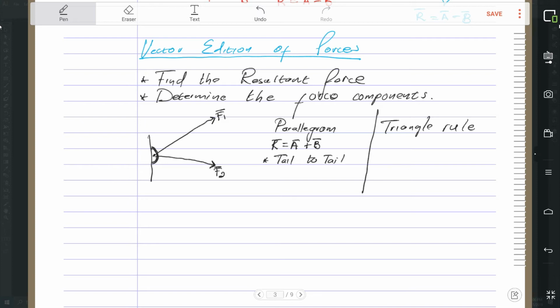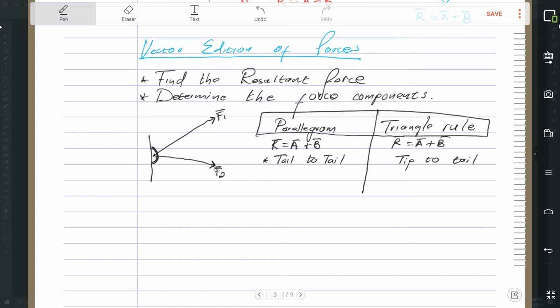But in the triangle rule, I'm using tip to tail. So you take the tip of the previous vector to the tail of the next vector that you're adding. So these are the most important things that you must keep in mind, right?